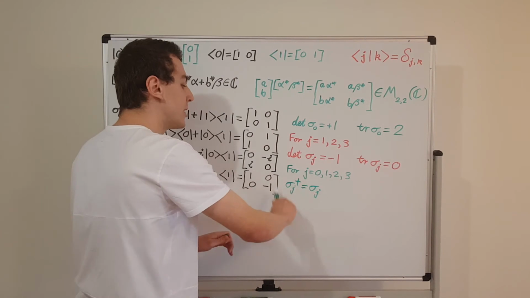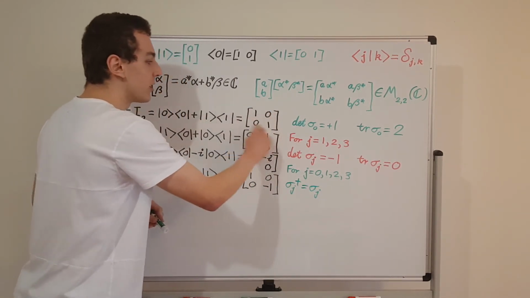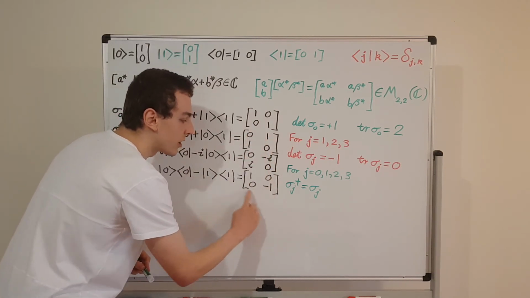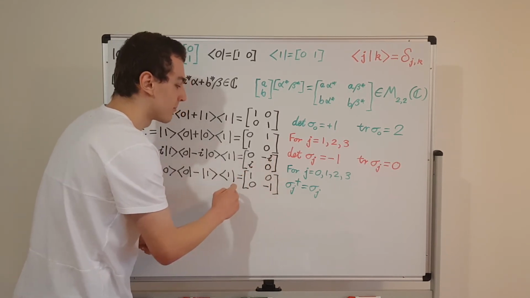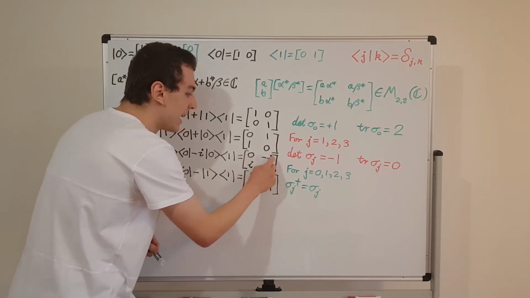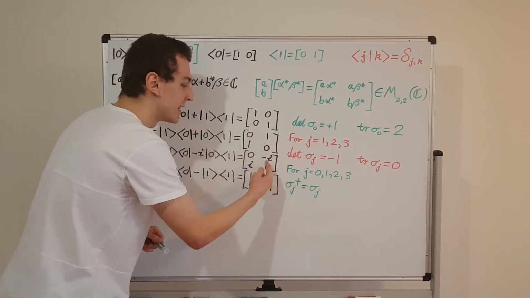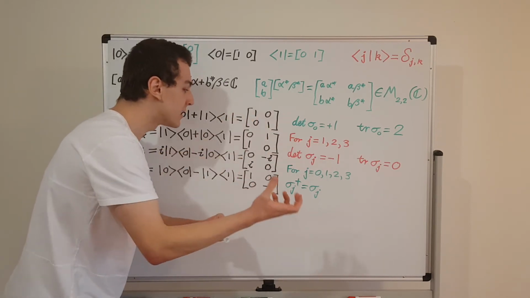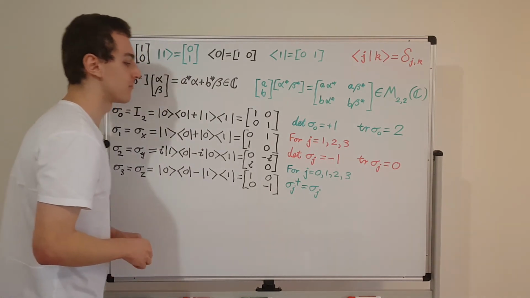So if we take the Hermitian adjoint, we get back the same matrix. And you can see that this is real valued and symmetric. This is real valued and symmetric. This one is real valued and symmetric. But this one is the only one that has imaginary components. We have an imaginary unit I and minus I over here. So if we take the transpose, this minus I will swap with this I. And then when we take the Hermitian conjugate, those guys will get negated and we'll get back the same matrix.